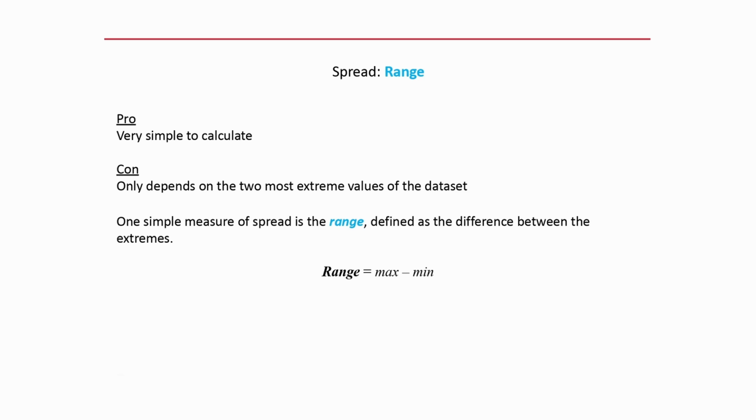Now, being very simple to calculate is obviously a pro, but the fact that it only uses the 2 most extreme values in a dataset is almost always a con, meaning that no matter what's going on in between those 2 values, whether the data is all scrunched together or also spread out within those 2 values, this range that you're calculating would not take that into account. It literally takes the biggest and the smallest, even if they are by outlier standards far away from the body of the distribution, and only uses those 2.